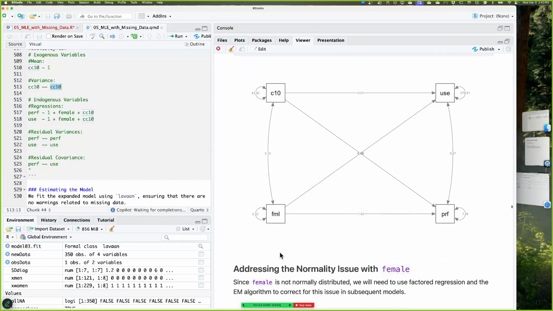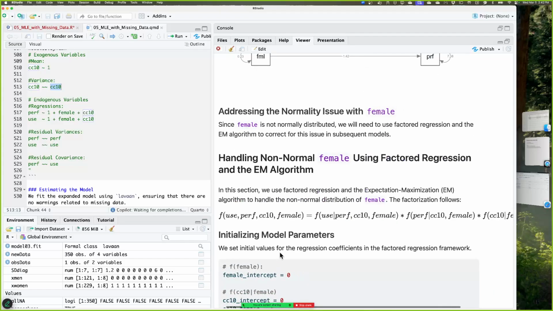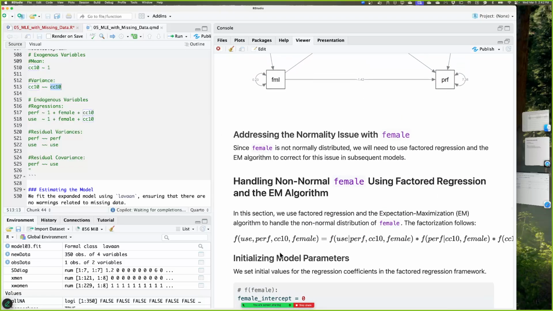But yes. Okay, now I'm going to introduce to you the SEM approach that was talked about in the chapter. But let's think about this a little bit better using factorized or factored regression. Because the factored regression approach lays out a way that we could build a model.